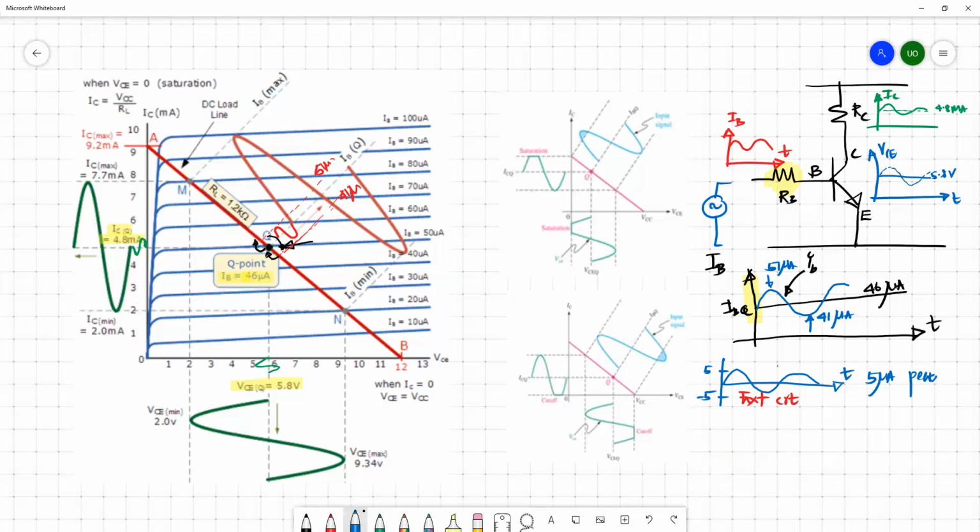Your base current is 46 microamperes and the collector current is 4.6 milliamperes, so you can easily get a current gain.